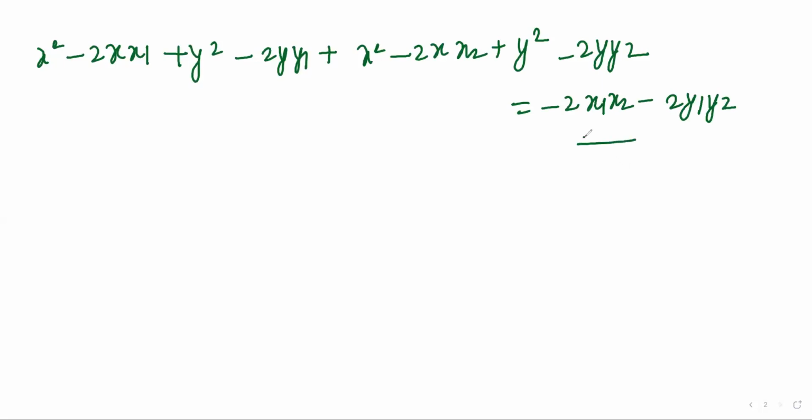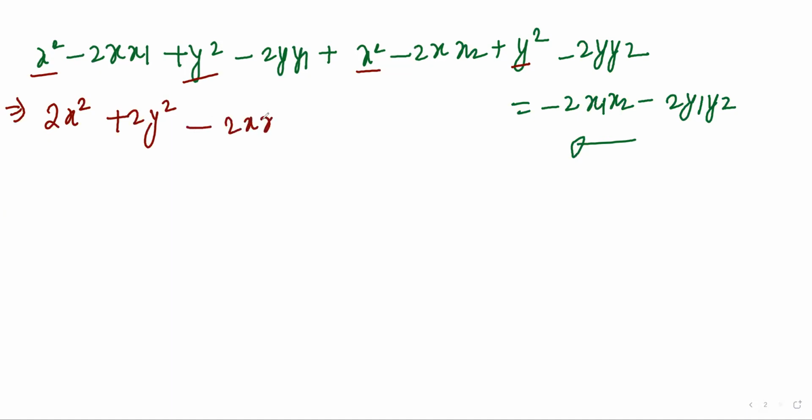Right, take all the parts on the left hand side. So let's see the changes now. Add these two, so it will be 2x square. Add the y square terms too, so it will be 2y square, right?